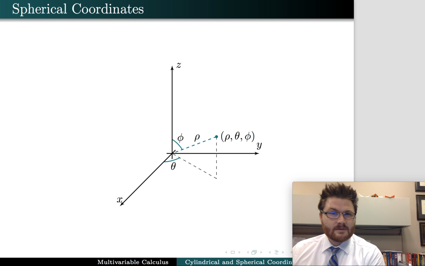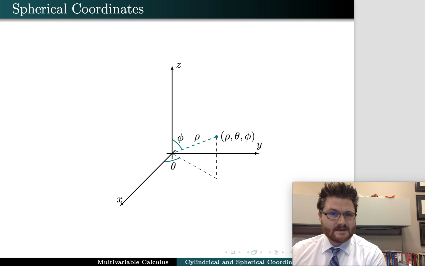Spherical coordinates are a little bit different. In spherical coordinates, we still have that azimuthal angle theta, which is the counterclockwise direction from the positive x-axis. But then, instead of dealing with a z, we talk about the distance rho from the origin.